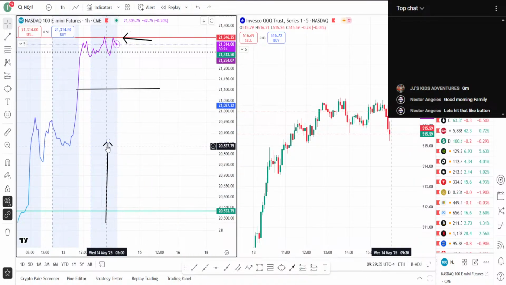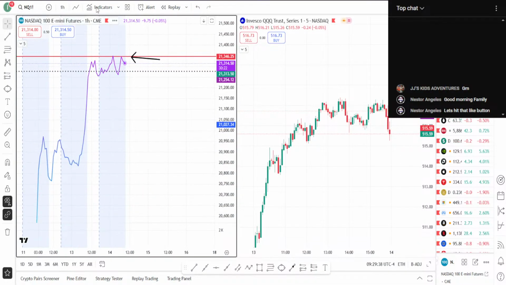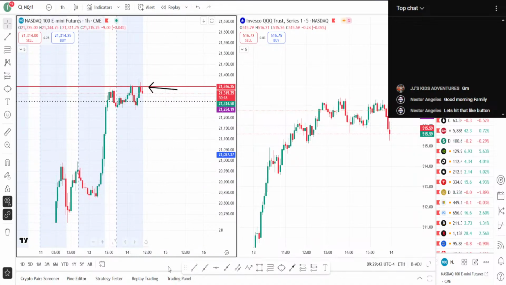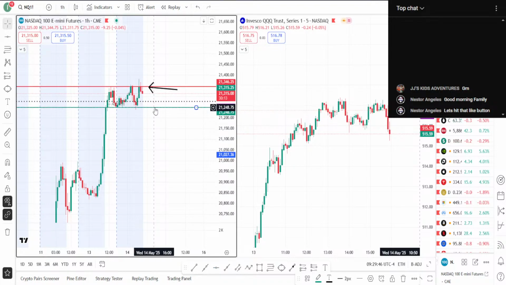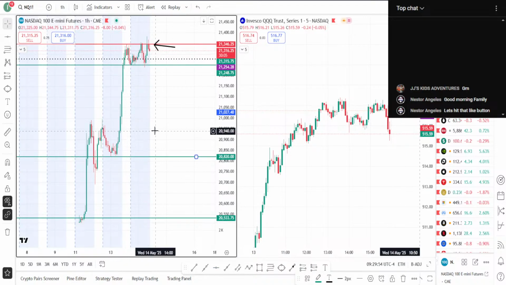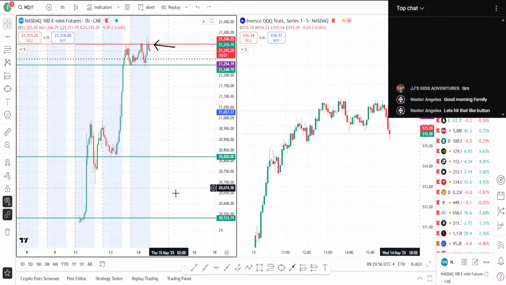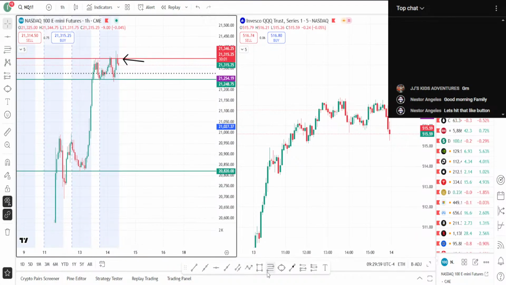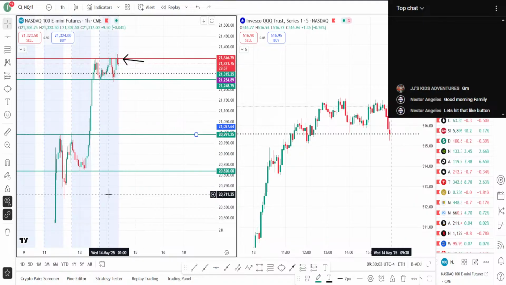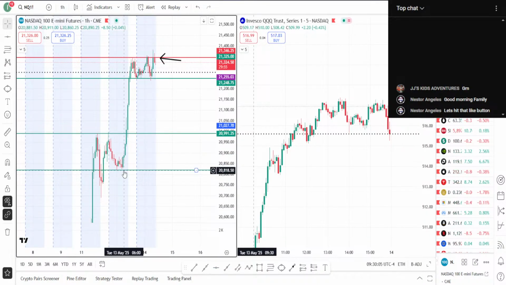So let's go ahead and get that ready. All right, so we have resistance there, we got support right here. Support down here. And this is a bit of a range here too as well.